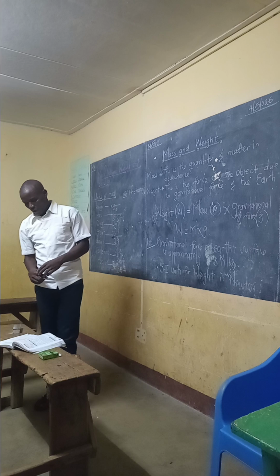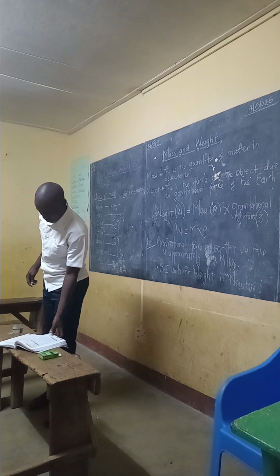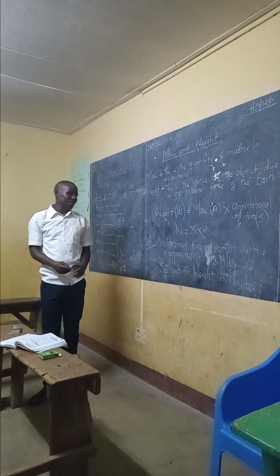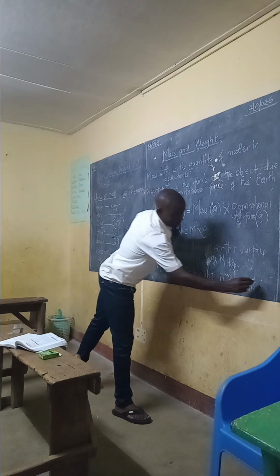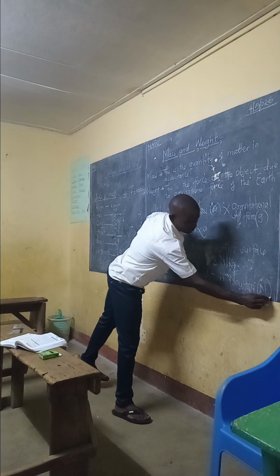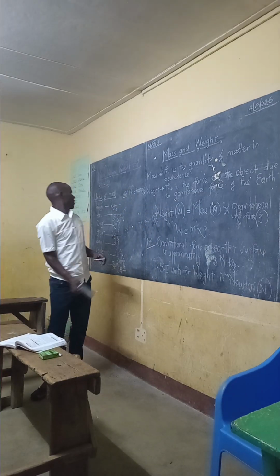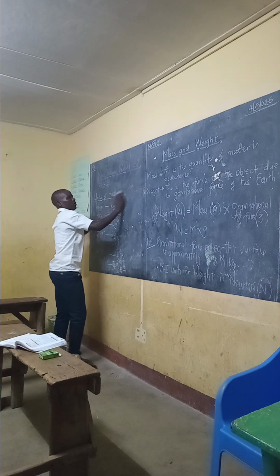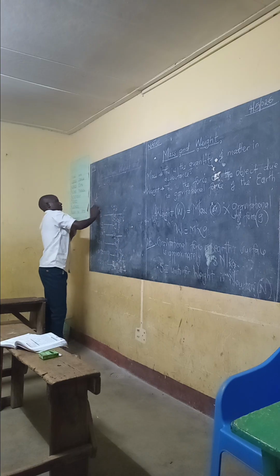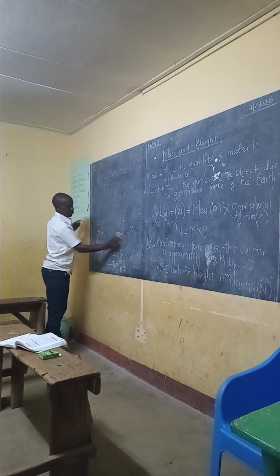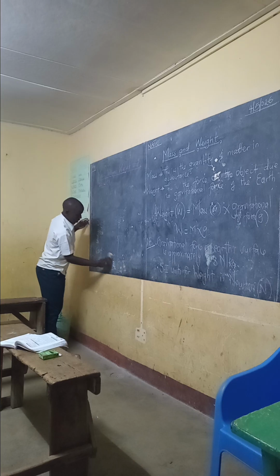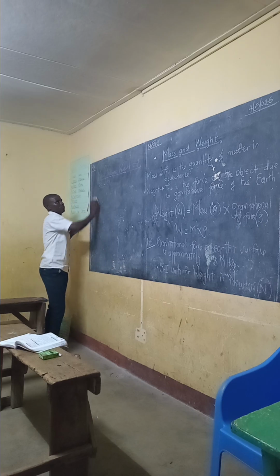The SI unit for weight is Newton. It is measured in Newton, denoted by capital letter N. So let us look at different examples on how to calculate weight of different objects.